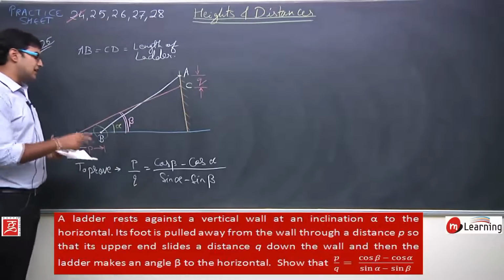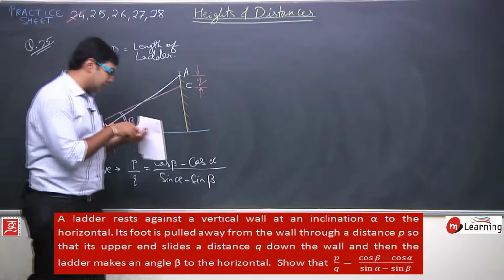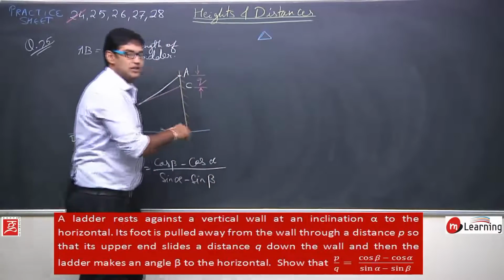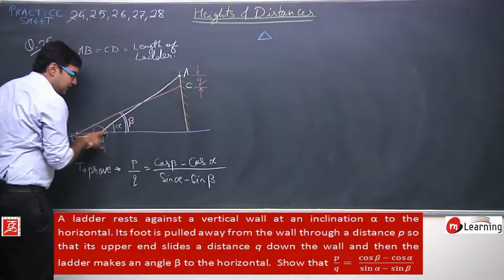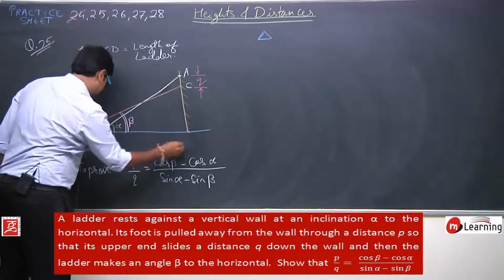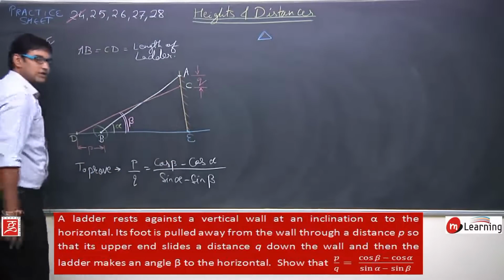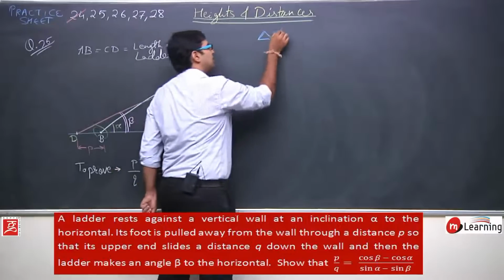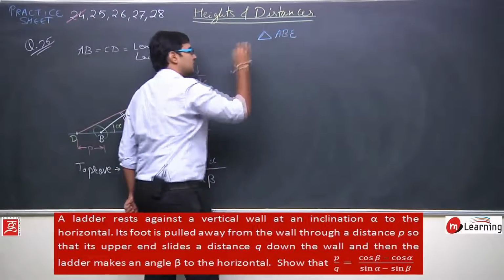I can clearly see there are two right angled triangles. The first right angle triangle is triangle A, B, and let us mark this position as E. Okay. So A, B and E is one right angled triangle.